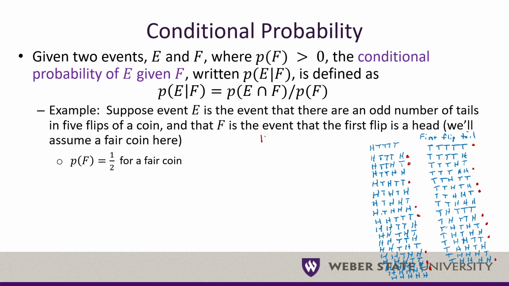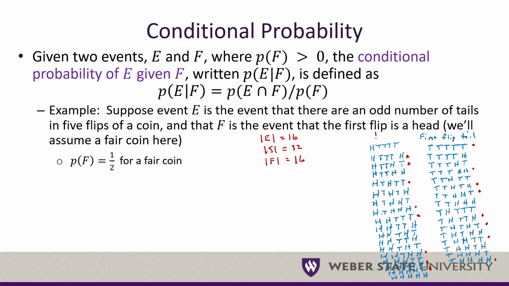So the cardinality of E is equal to 16. The cardinality of S is equal to 32. What's the cardinality of F, the first flip being heads? Wouldn't it also be 16? It's also going to be 16. So in this case, we're going to have the probability equal to 1/2 for F. We counted them right here.